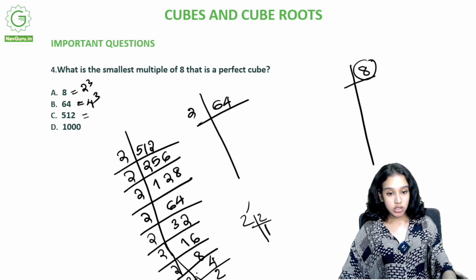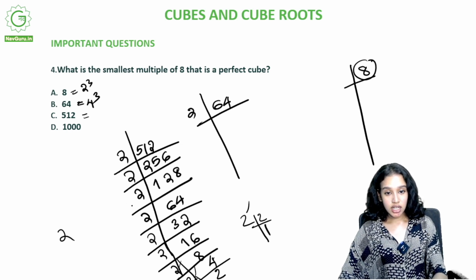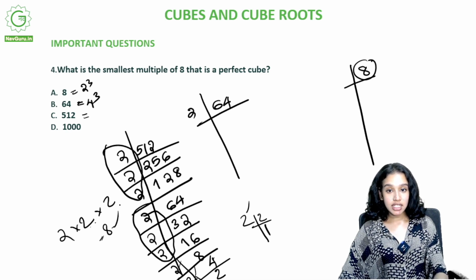So we got three 2's here, again three 2's, again three 2's. So 2 into 2 is 4, 4 into 2 is 8. We got 8 here. This is 8 cubed.